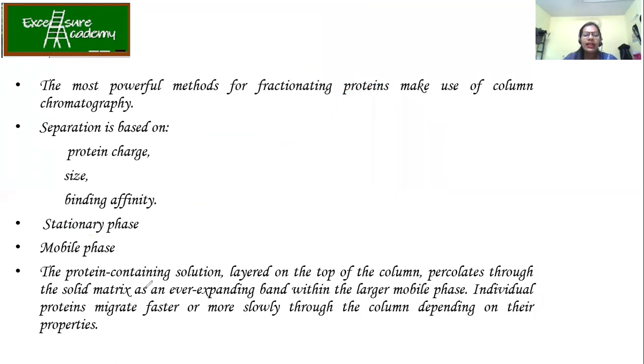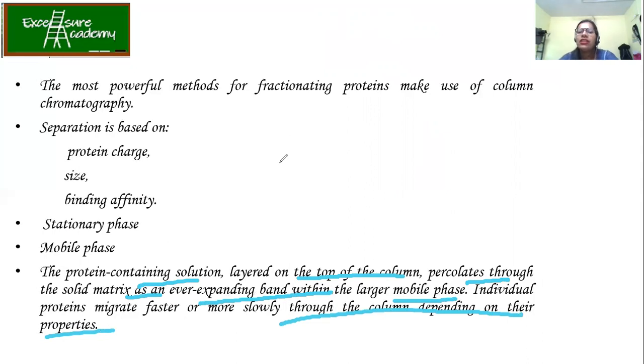Now, the protein-containing solution layered on the top of the column percolates through the solid matrix as an ever-expanding band within the larger mobile phase. Depending on its property, slowly it will go down into the matrix. Individual proteins migrate faster or more slowly through the column depending on their properties.